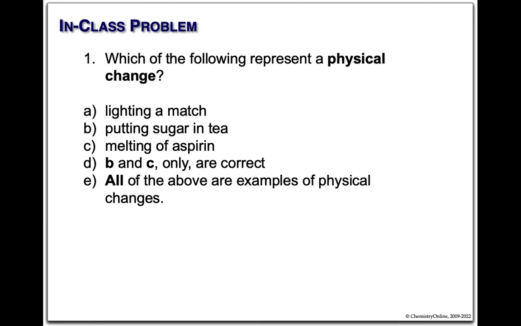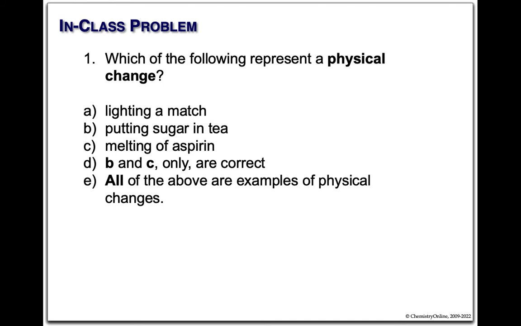Okay, a couple more questions. Which of the following are a physical change? Lighting a match. Well, when you light a match, it goes from this little match head to a burned match head. And there's smoke that comes off and everything like that. That's not physical, that's chemical. Sugar and tea.